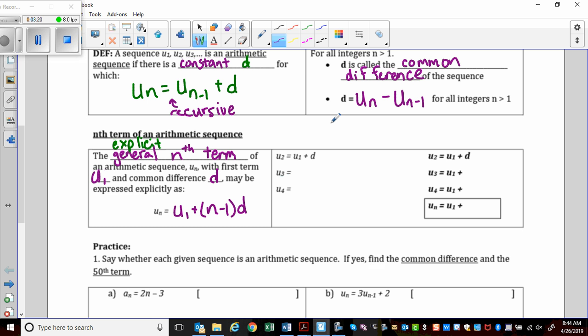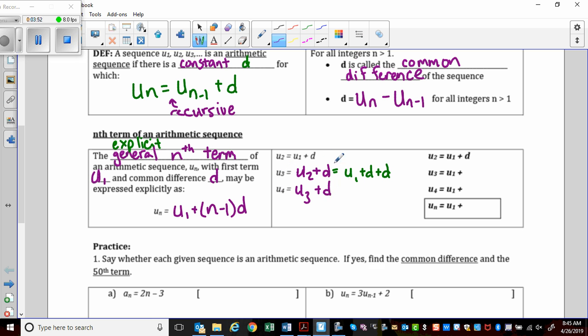U sub 2 is equal to the first term plus the difference. U sub 3 is equal to whatever U sub 2 was plus the difference. We can also write this as U sub 1 plus the difference, right? Same thing. U sub 4 is U sub 3 plus the difference.